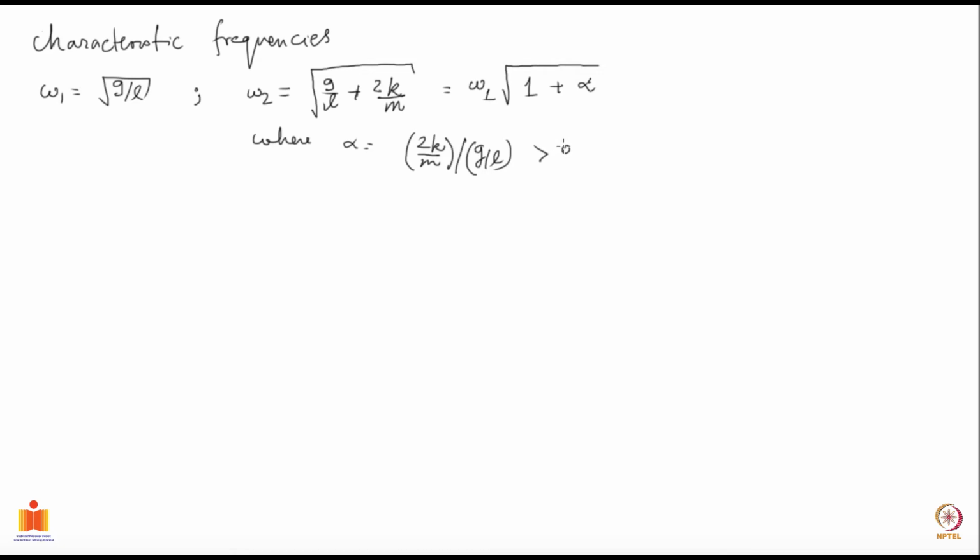So one thing you notice is that the frequency omega 2 is larger than omega 1 because alpha is greater than 0. And you may wonder why that is the case.